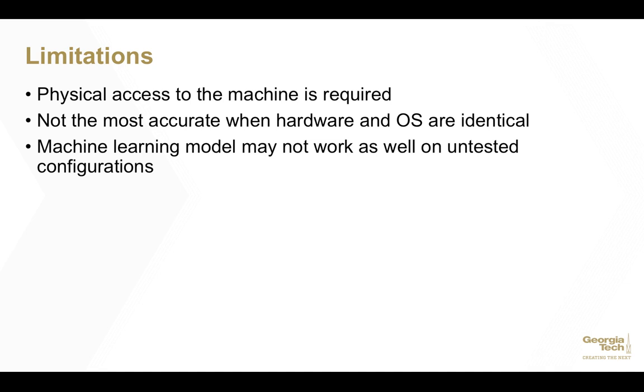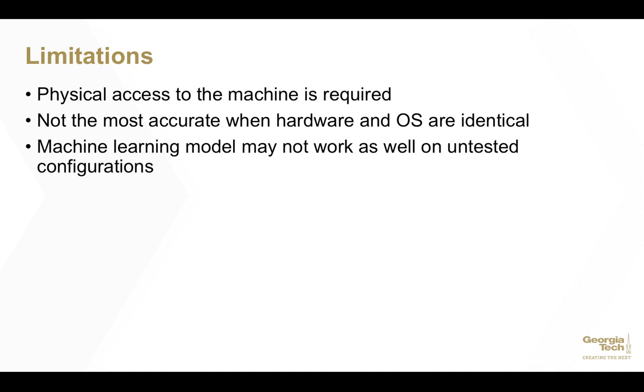It's not the most accurate solution when trying to identify hosts with identical hardware and operating systems. 70% accuracy is impressive considering how this method works, but in the real world there may be a situation where a company is using many hosts running identical operating systems and hardware and would need more accuracy in identifying a specific host.